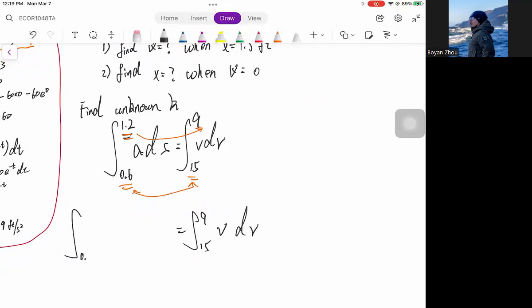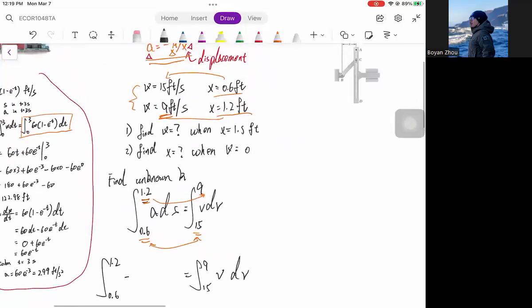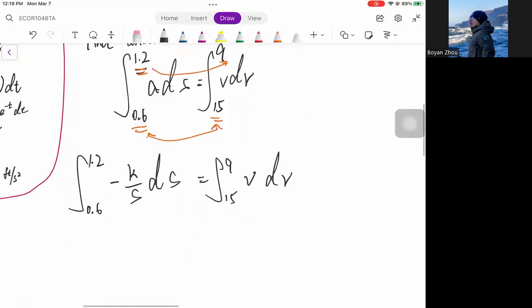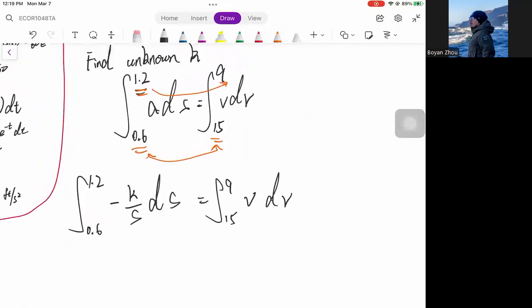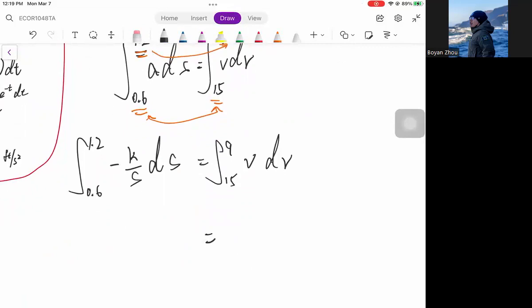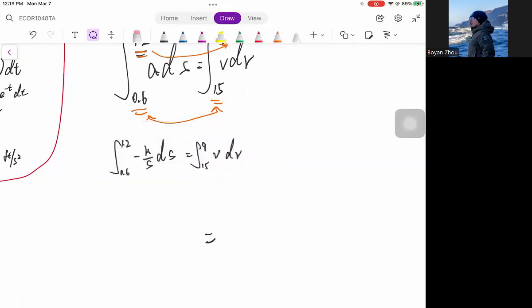But on the left hand side, we know the acceleration is a function of displacement, so that is going to be negative k over x ds, because I'm using s here. It's going to be like this. And the next step is just solving this equation. It's going to be purely math.